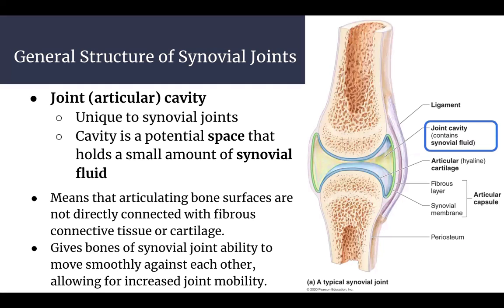A potential space means there is a space there. It may not always be totally filled with fluid. It has the potential to hold a lot more, and that can happen in disease states and pathological states.